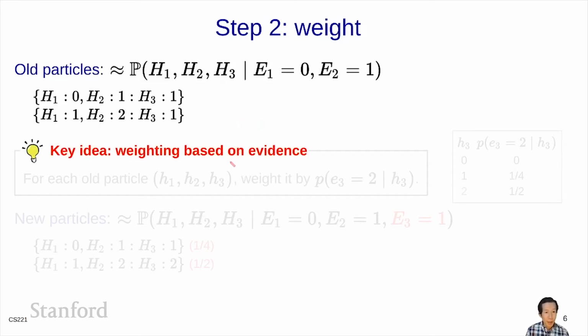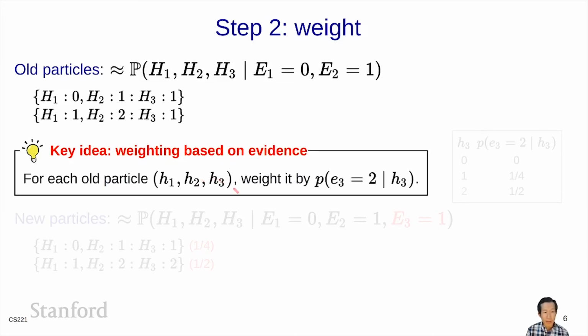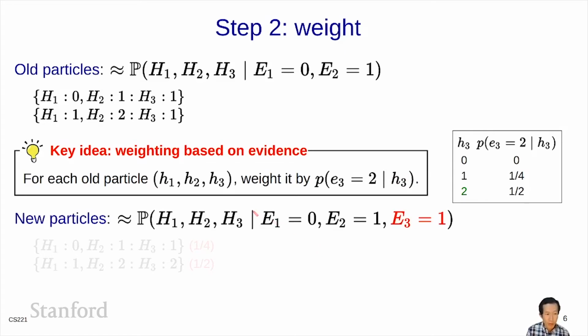And so the weighting step is going to assign a weight to each particle, and that weight is going to be the probability of the new evidence I got conditioned on H3 here. So this is going to produce a set of new particles which are weighted, representing the distribution of H1, H2, H3 conditioned on all the evidence so far.